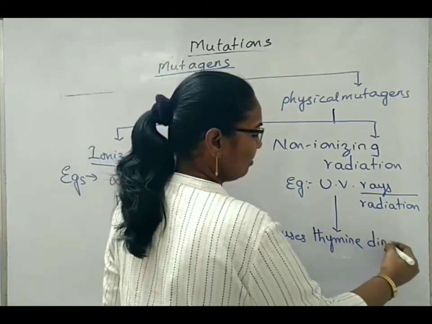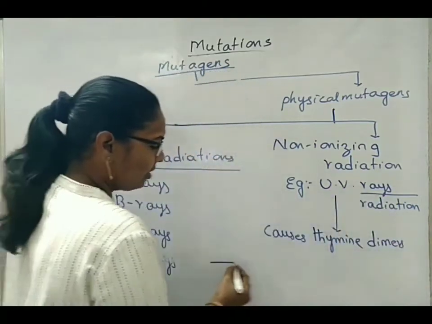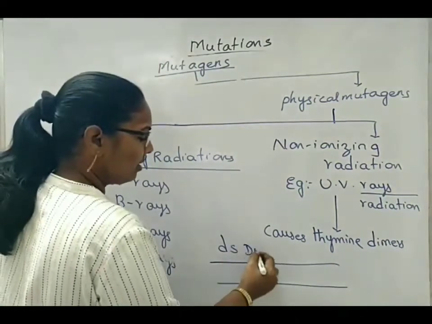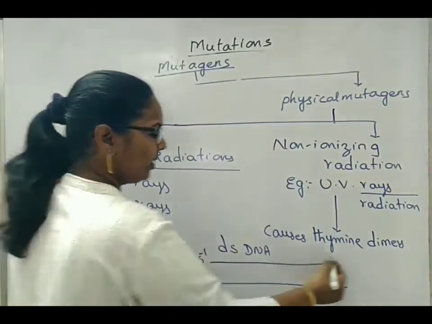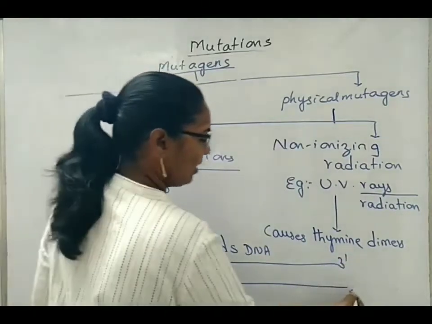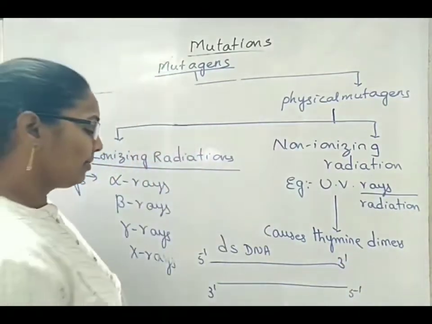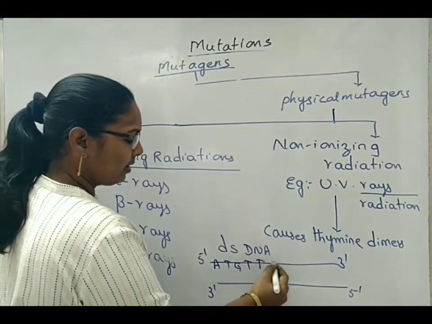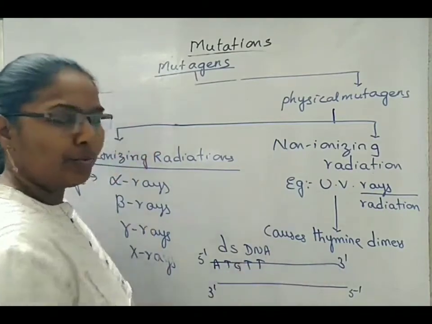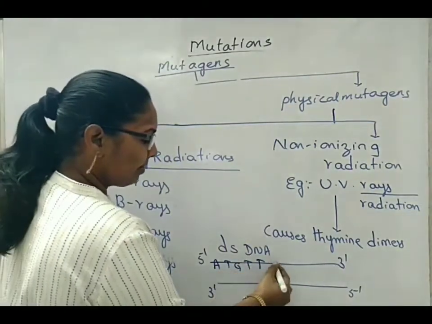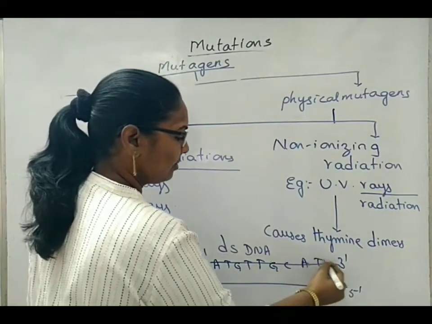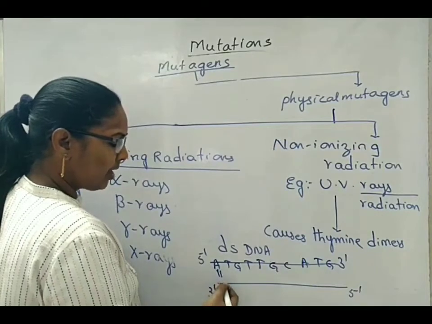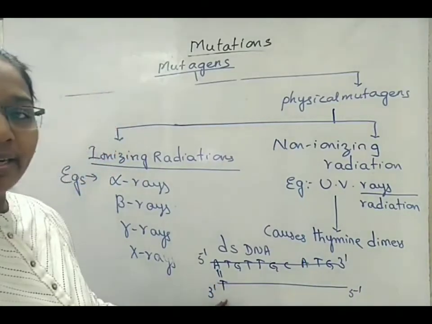Thymine dimers means, if we think of the double-stranded DNA, one strand is like this, the second strand is like this. Then the sequence should be adenine, thymine, guanine, thymine, thymine, or like this. There will be hydrogen bonds complementary to another type of nitrogen base on the other strand.